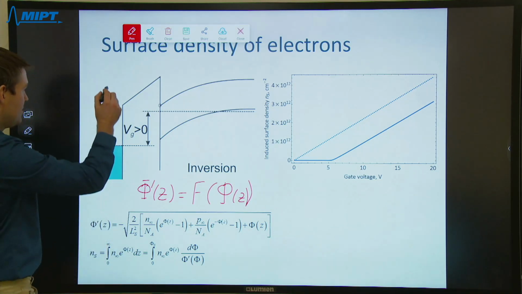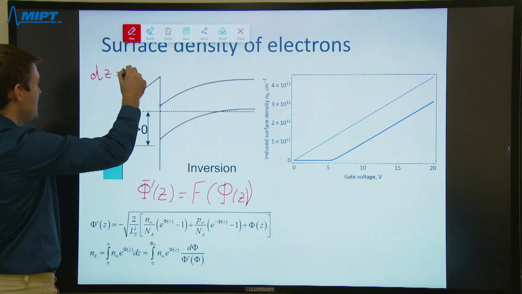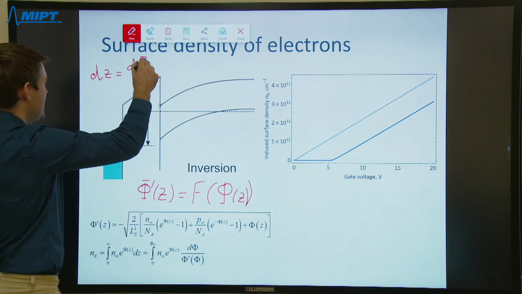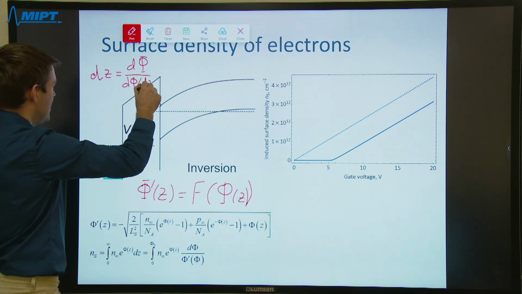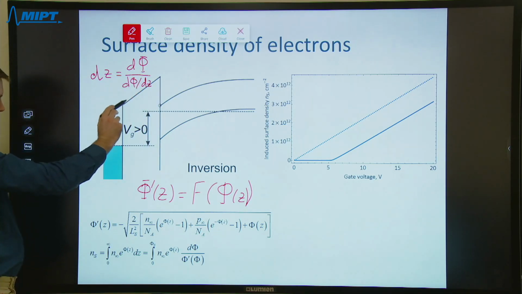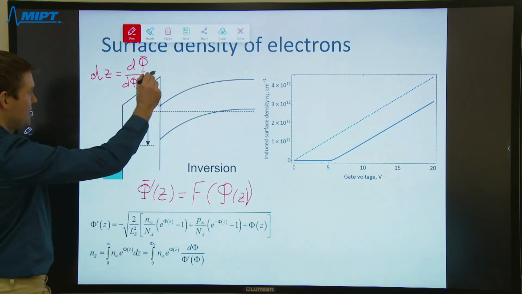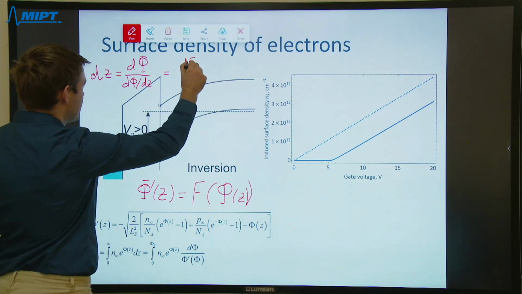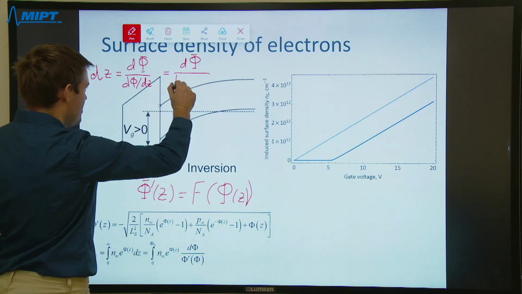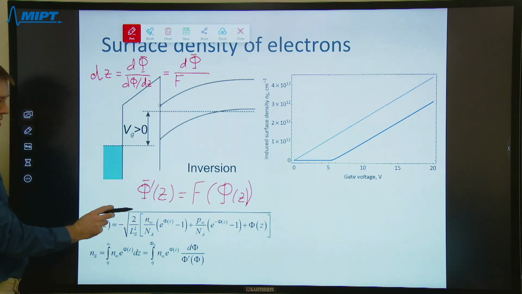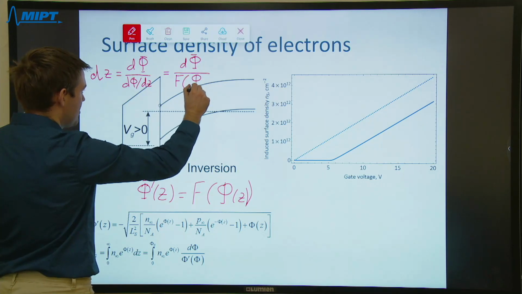To do so, we express the differential of coordinate as the differential of potential divided by the electric field, and we replace the electric field with the known function. It actually equals delta phi divided by a known function from one-fold integration of the Poisson's equation.